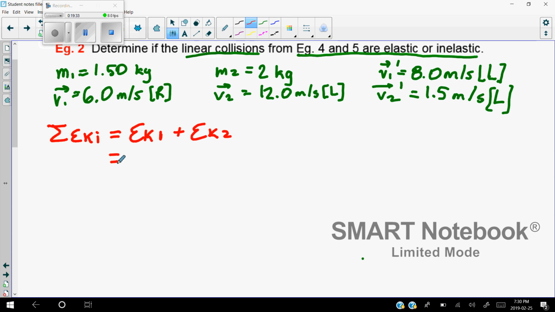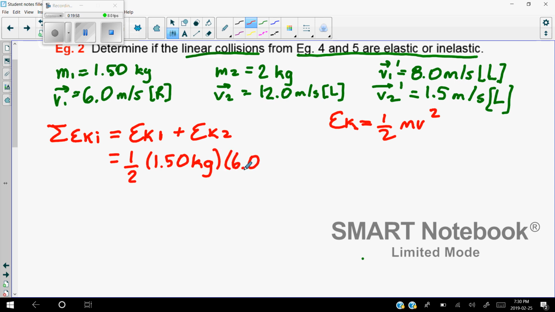Note for questions like this, if you just put the EK formula up at the top to be 1/2 mv squared, you don't have to write it out every time. So 1/2 times the mass of 1 times the velocity of 1 initially.